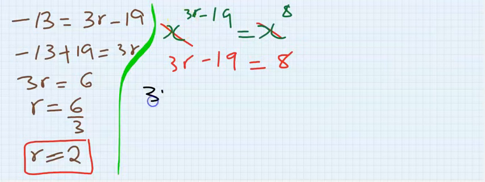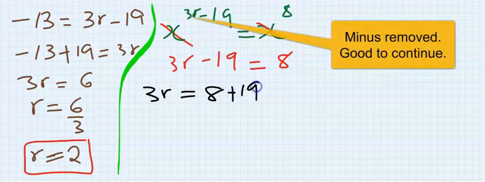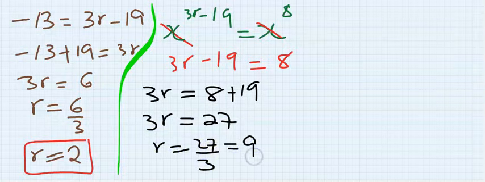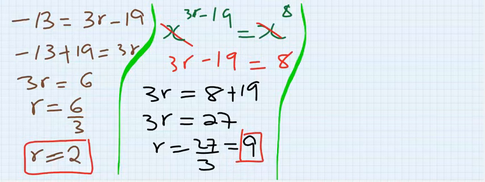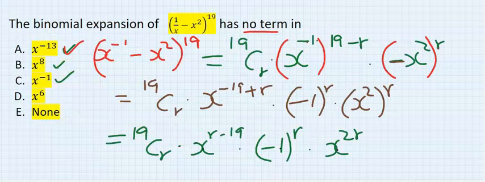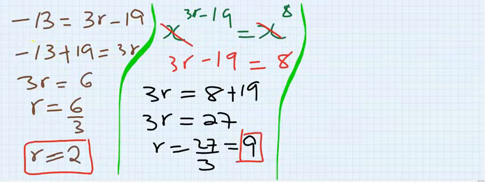We're going to have 3r is equal to 8 plus 19. 3r is 27. r is 27 over 3 and our r is 9. This is a whole number, so it has a term. So B has a term.